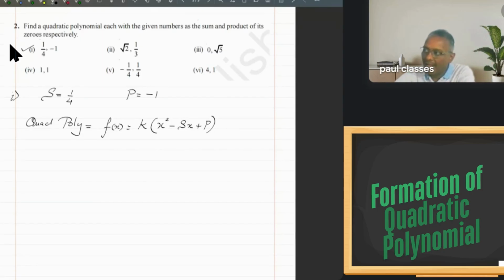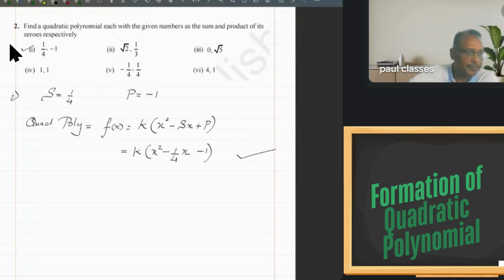Do you know the value of s? What is the value of s? Do you know the value of p? Beta, this is the answer. लेकिन रुक जाओ, this is the answer.